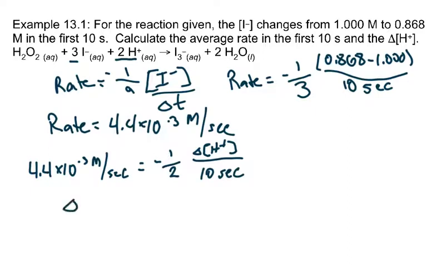And so I can solve for my change in H plus. I get an answer of -8.8 times 10 to the -2 molar. So my reactant decreases, which is why there's that negative sign there.